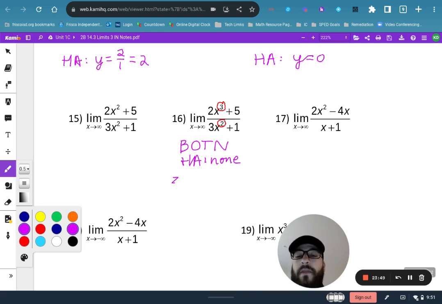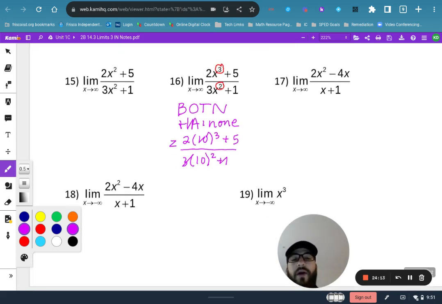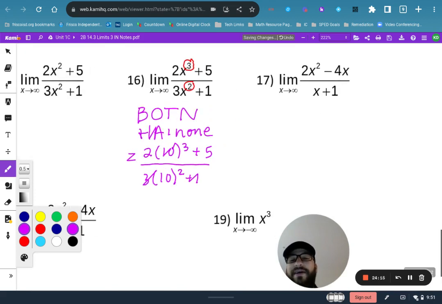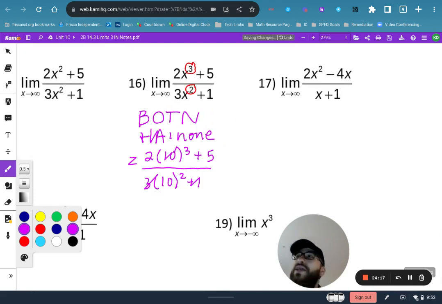So plugging in 10, 2 times 10 cubed plus 5 all over 3 times 10 squared, and then plus 1. Okay, so plugging this in, 10 cubed, that's 1,000.